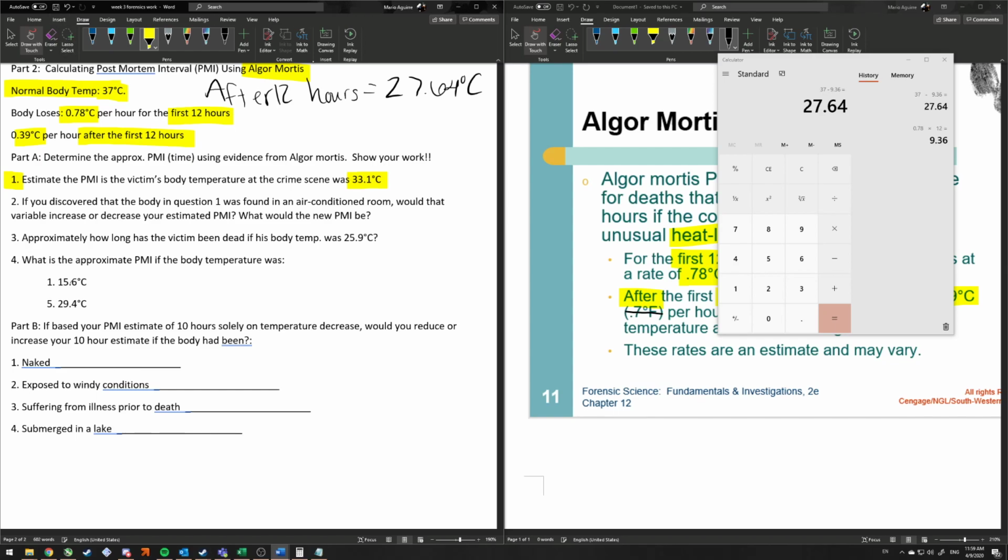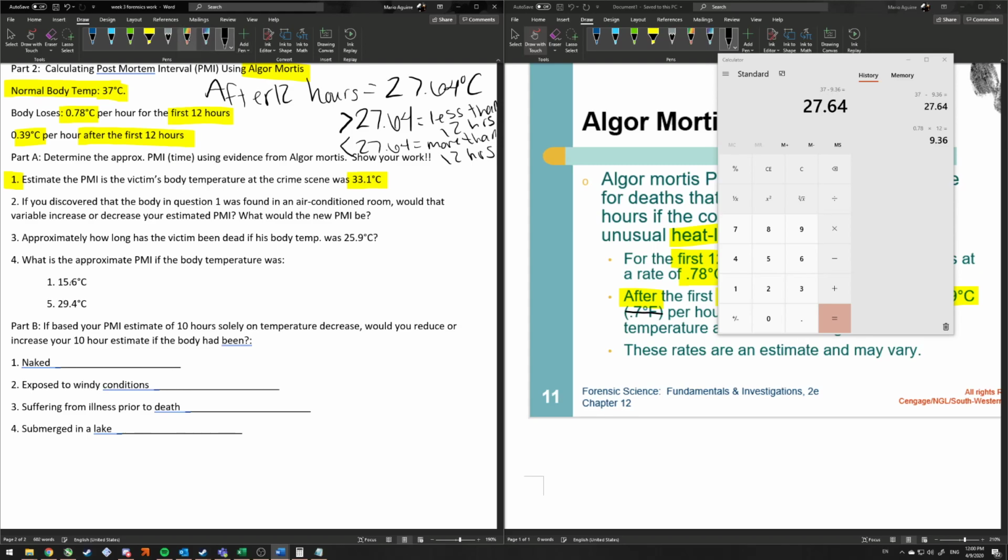So I'm going to put, if it's greater than 27.64, it's going to be less than 12. But if it is less than 27.64, it is more than 12 hours.